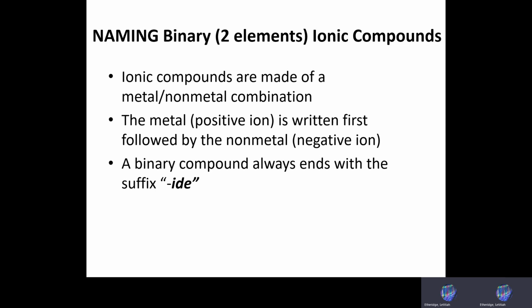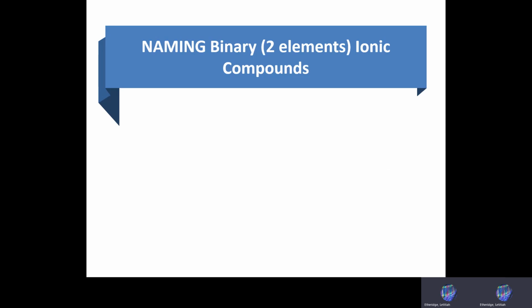It's always going to be a metal and non-metal combination. The metal, the positive ion, will be written first, and the non-metal, the negative ion, will be written second. And then we are going to change the end of the name, that is the suffix, to "ide". Okay, so let's go through naming these ionic compounds.